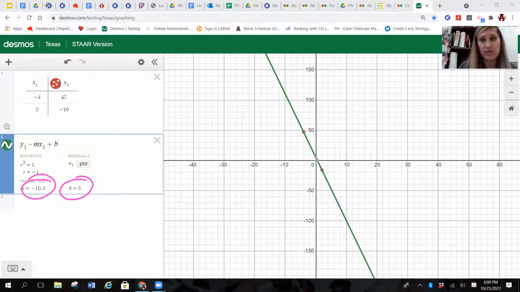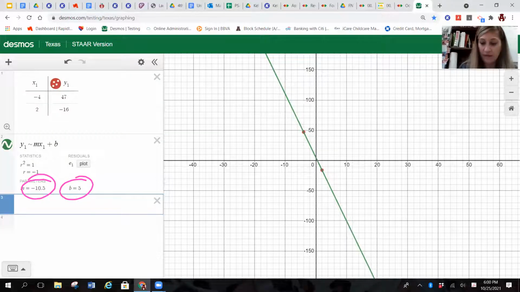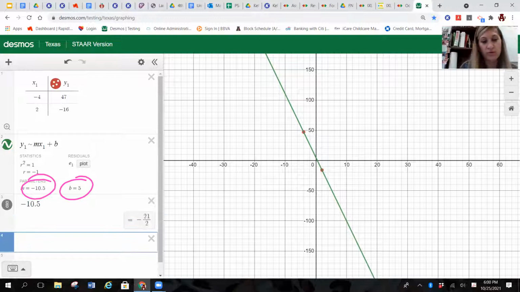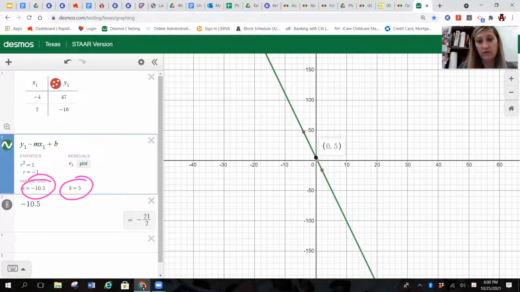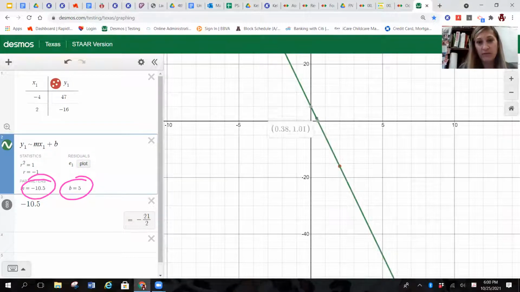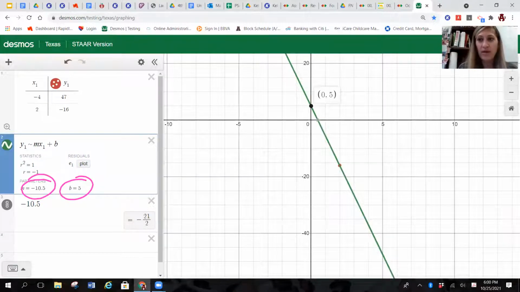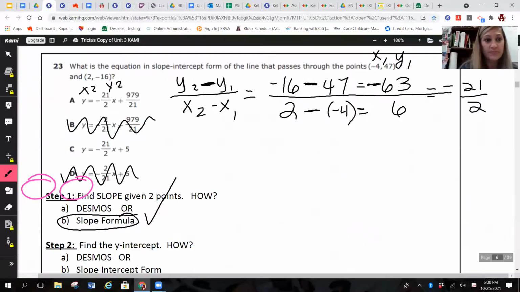So I would just need to convert negative 10.5 to a decimal or a fraction, and it would tell me it's negative 21/2. And I would already know the answer has a b value of 5, because I could click right here and zoom in on the b value, and it would say the y-intercept is 5. We don't care about the x-intercept right now. We only care about the y-intercept.